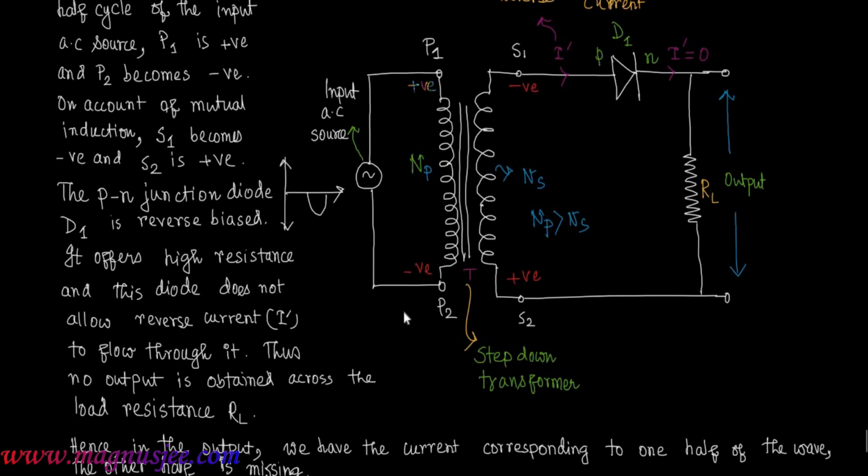This is the negative input half cycle applied at the input AC source, and also the positive half cycle. But at the output we have only the positive half cycle.